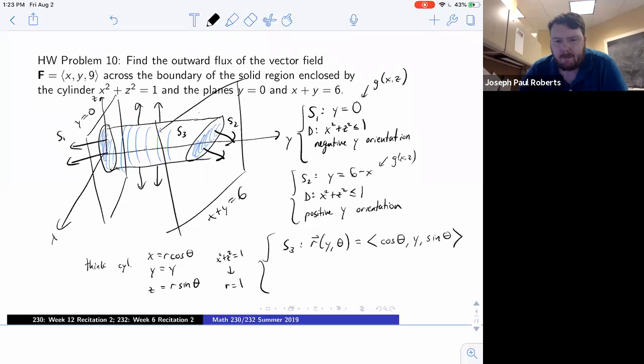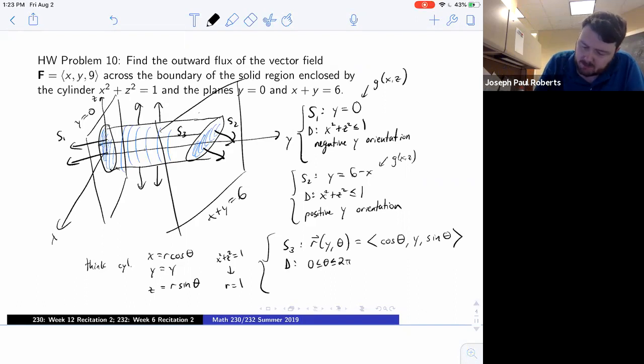Okay. And then in this case, for D, theta is going to go 0 to 2 pi, we're going all around. And then what's y doing? Y is going to stop once it reaches that plane. So y starts at 0 and stops at 6 minus x, but x is cosine theta in this case, remember?